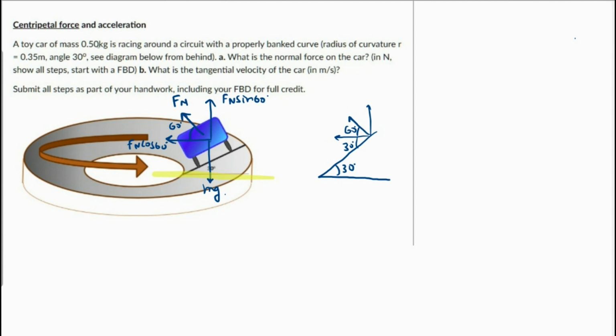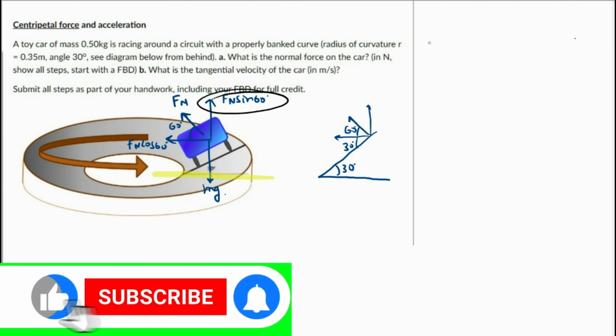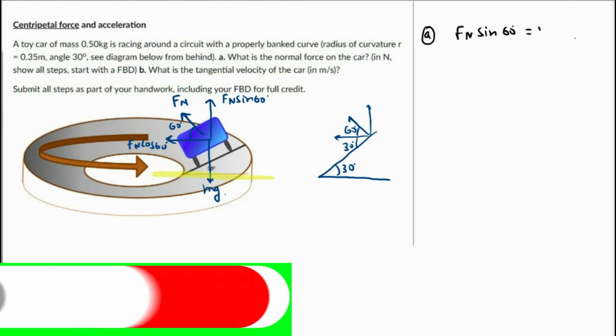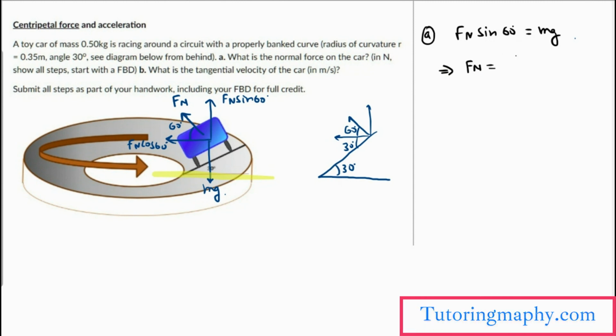So now it's relatively easy. What do we have to find? We need to find the normal reaction. Definitely the vertical forces should be the same, which means that Fn sine of 60 degrees should be equal to mg. Let's divide both sides by sine 60, so that's mg over sine of 60 degrees.